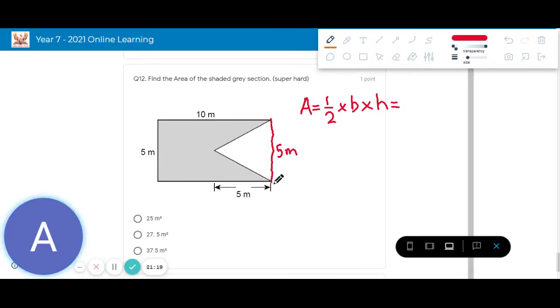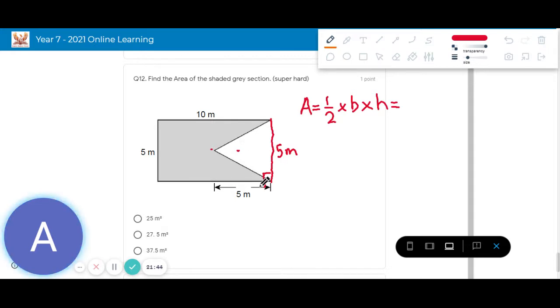We can call this our base, and then we need to find the height that's perpendicular to that base, and they've given it to us here. This height is making a right angle with our base. You can see that it makes a right angle. This is a horizontal line. This is a vertical line. And it's a height because it goes all the way up to the top of the triangle here.